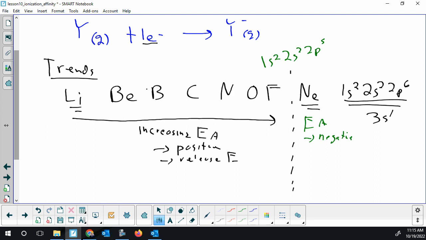So chlorine would be much higher than boron would be. Okay. Different periods, we got a right to left difference. Okay. So ionization energy, you're going to consider both periods and groups, electron affinity, just period trends. Okay. And that wraps up, this is our last lesson on the atom unit.